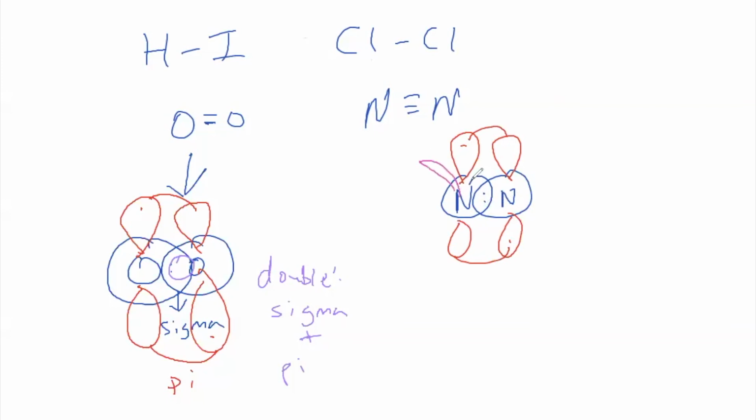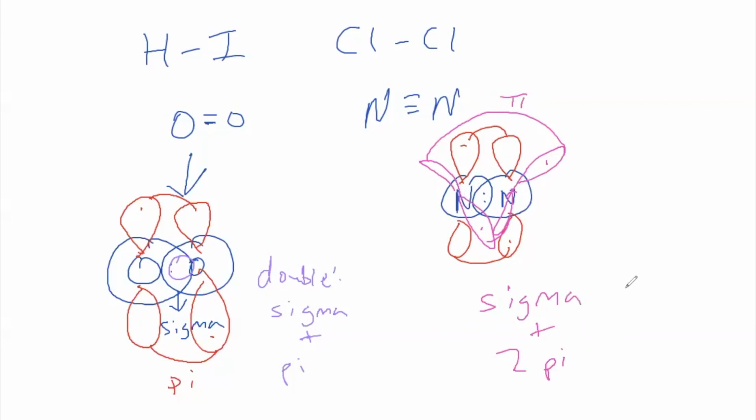It would actually be coming out of the board, which I can't really draw on here, but think of it coming out that way and into the board. You'd have, again, 4 lobes, and the p orbitals will overlap with 4 lobes. You'd have 2 electrons being shared, and that would give you another pi. And so for this one, you would have 1 sigma and 2 pi bonds.